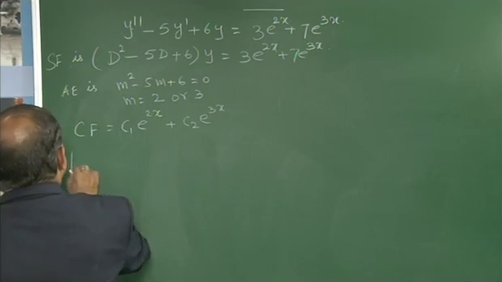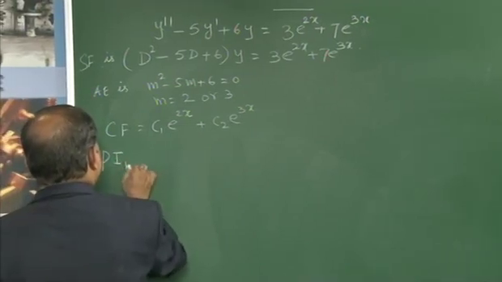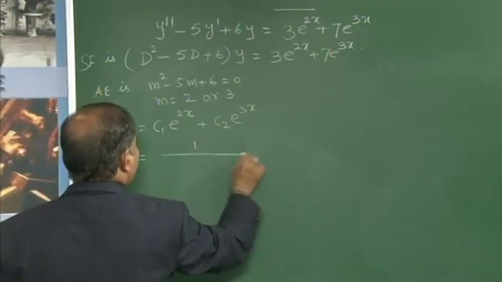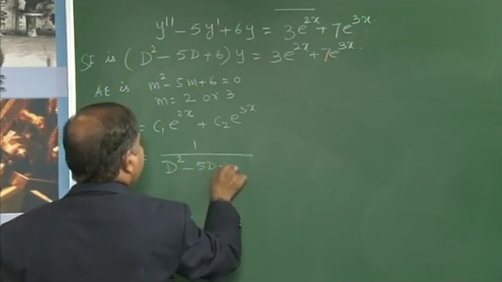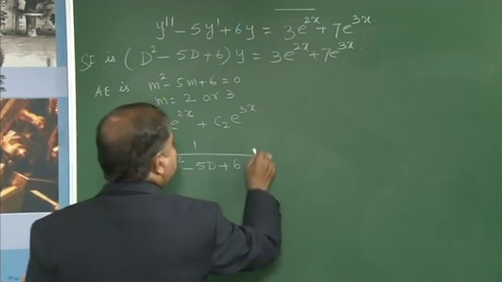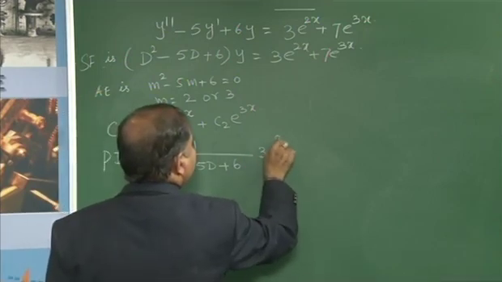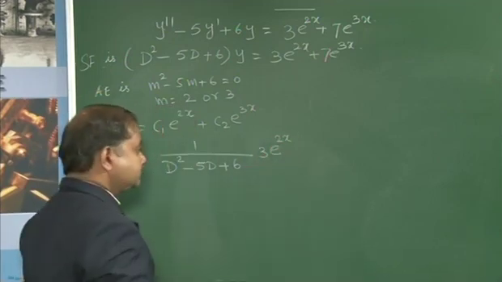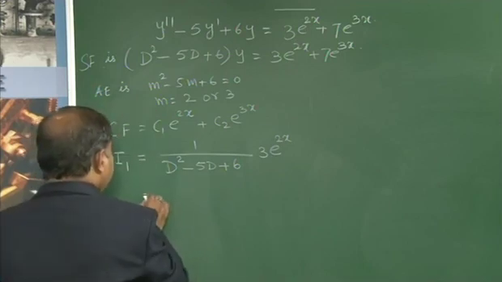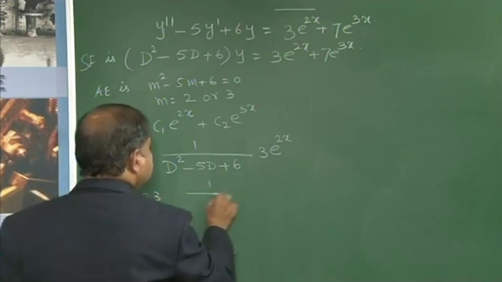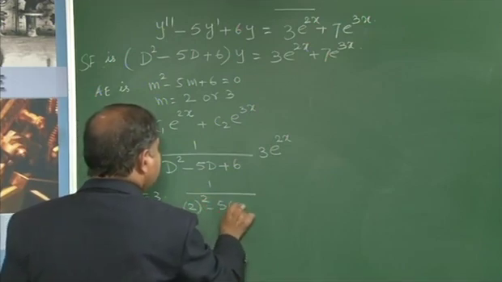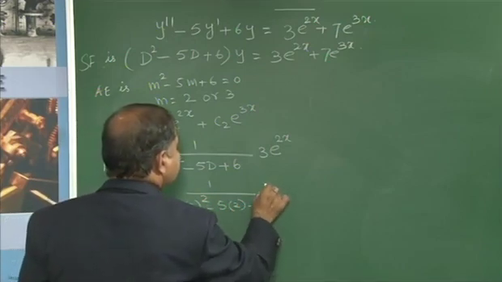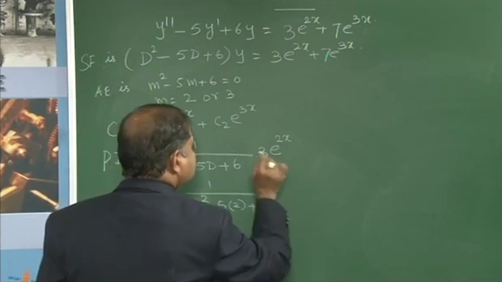Now PI1, the first function I am taking: 1 by d square minus 5d plus 6 on 3 e power 2x. 3 aside, replace d by a: 2 square minus 5 into 2 plus 6, e power 2x.